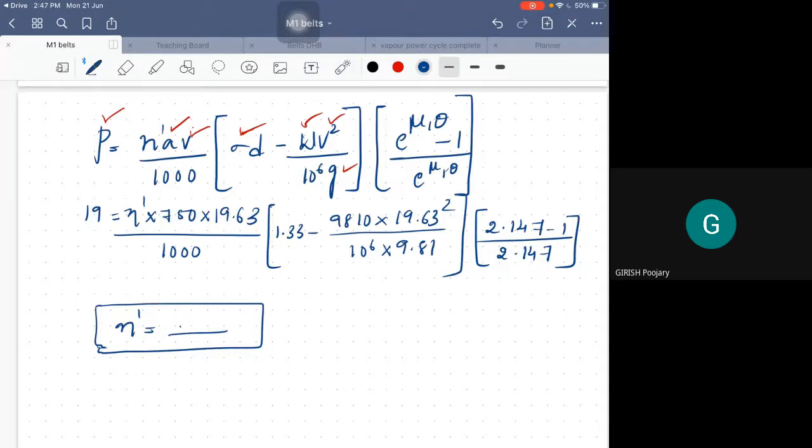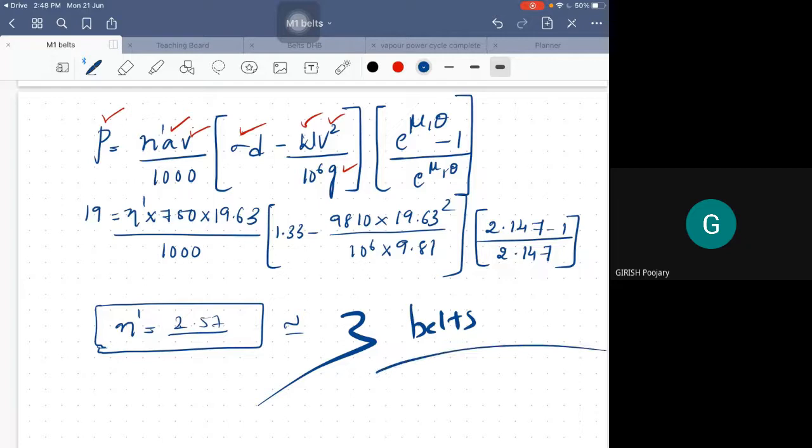Okay, 2.57 is the one value which I've got. 2.57 or 2.5. So can I just write it as approximately 3 belts? Yes, the value is correct from the textbook point of view as well.